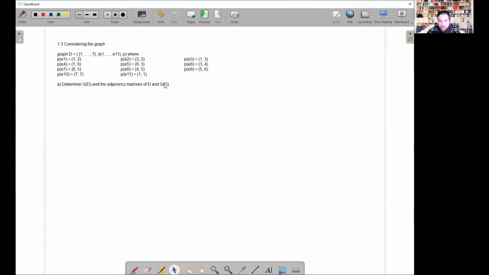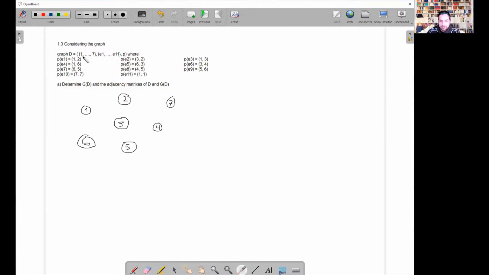They are asking also for the directed version of the graph, right? So we are going to start with the directed version, and we are going to start by drawing the 7 nodes. 1, 2, 3, 4, 5, 6, and 7.